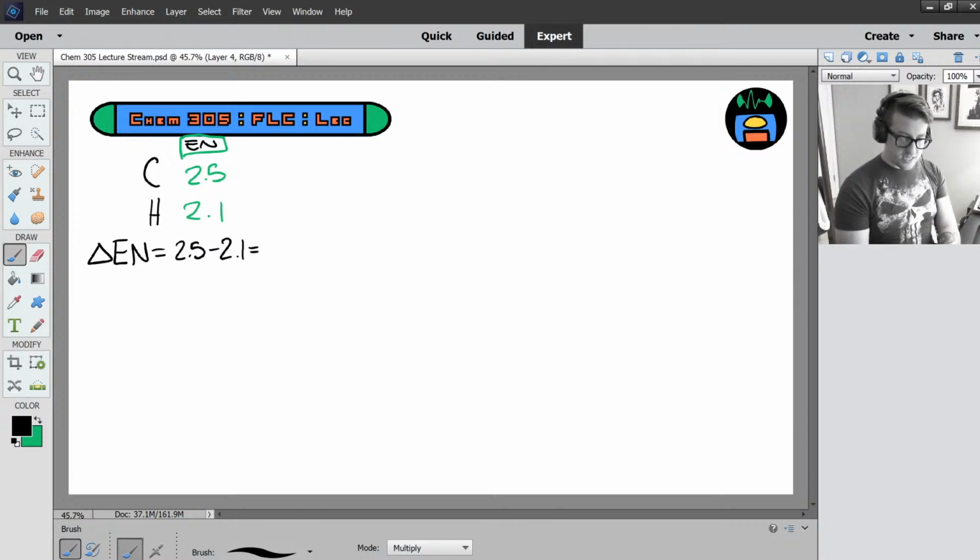Whenever the difference in electronegativity between two elements is 4.0 or less, that bond will be covalent.